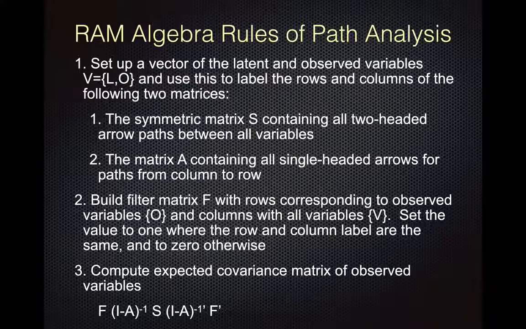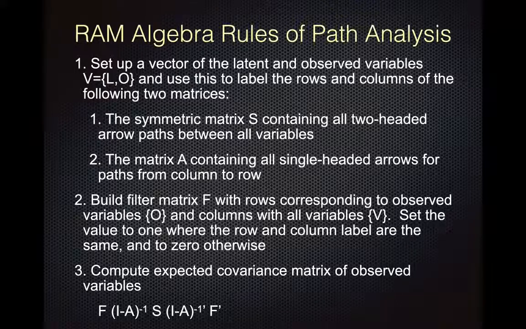So these are the so-called RAM algebra. These are due to McArdle and MacDonald, two highly esteemed quantitative psychologists, friends of mine. And the general approach for the RAM algebra is to arrange all of the path coefficients, that is the regression paths and the covariance paths, into one matrix each, and then calculate the expected covariance matrix of all of the observed variables, which is what we're going to use to fit the model.